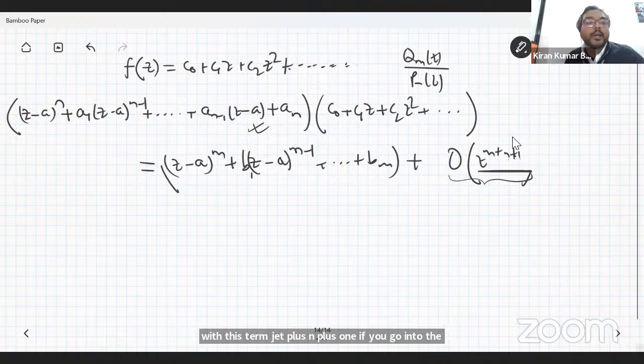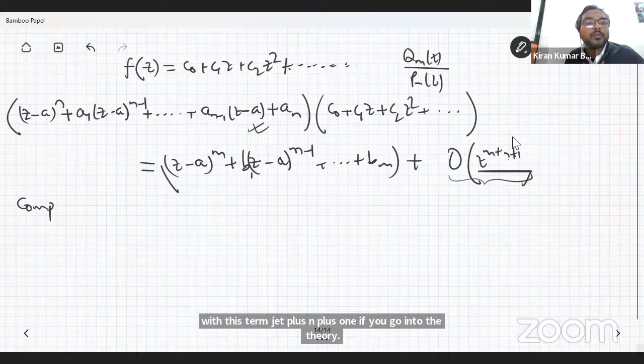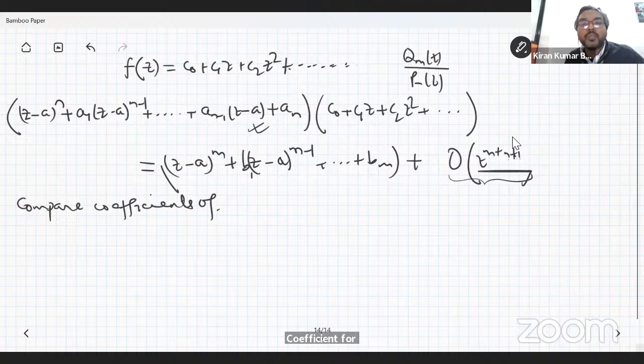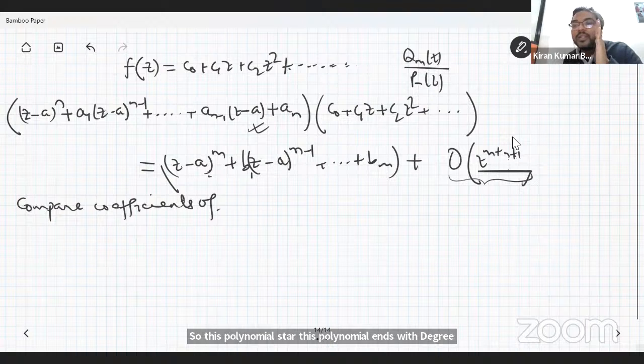So what I will do, I will compare coefficients. This polynomial ends with degree m. This is a power series that starts with z^(m+n+1). So what are the powers missing?